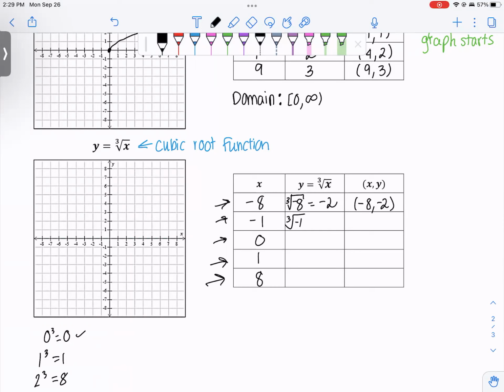The cubed root of -1 is -1. The cubed root of 0 is 0. The cubed root of 1 is 1. And the cubed root of 8 is +2.